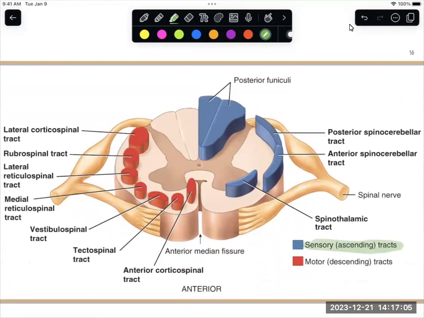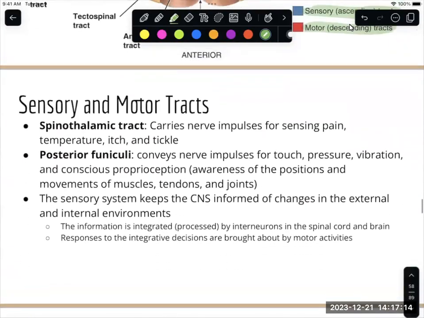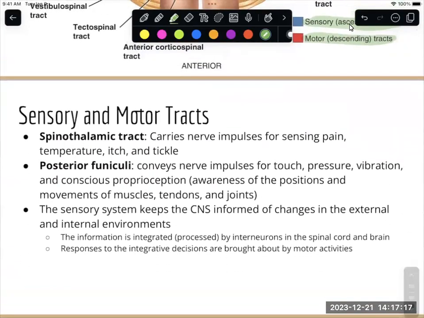And then these red are all motor information coming back down. So there's different tracts that are going to carry different types of information.